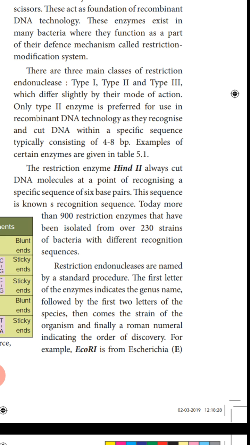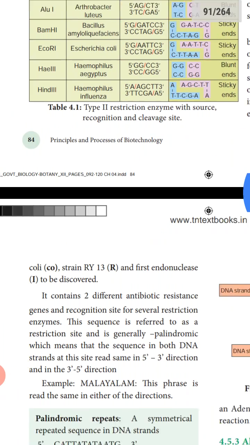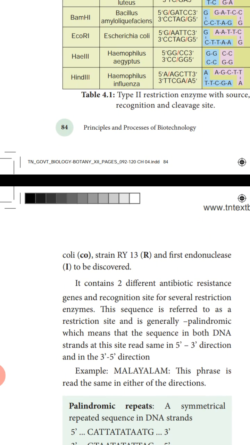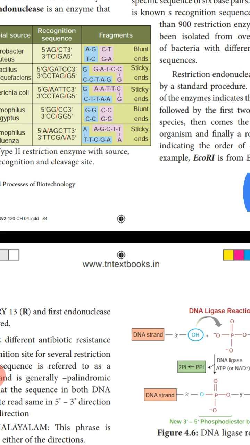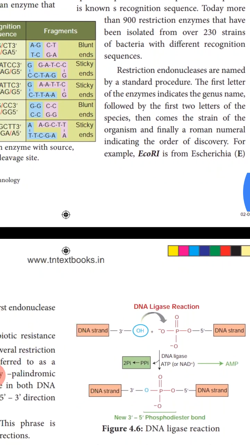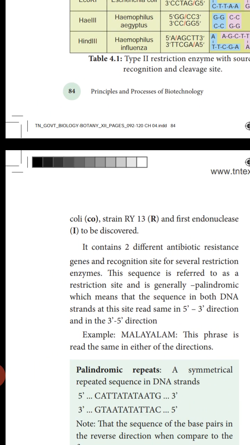For example, if we talk about E. coli, it is from Escherichia coli E1. So E refers to Escherichia, CO refers to coli, and the strain is R by 13, for that we are writing R. And endonuclease 1 is the order discovered. This one is the number of strains discovered in the laboratory.